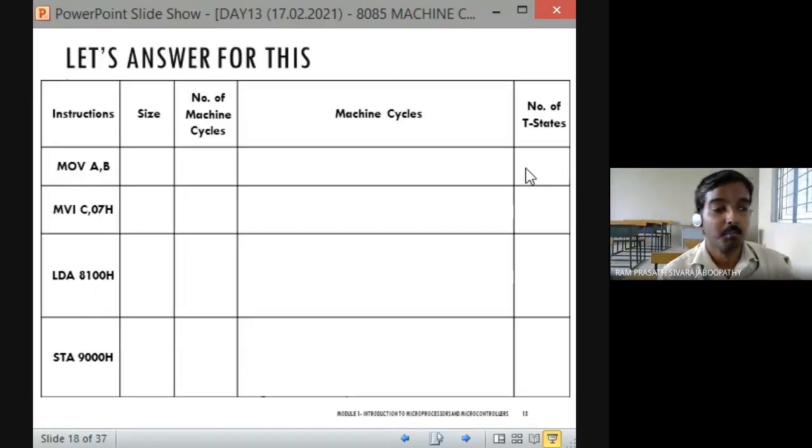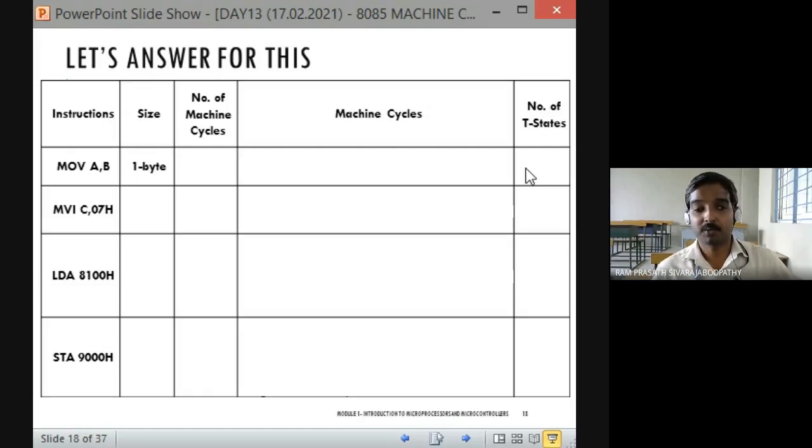MOV A, B. What about the size of the instruction? How many bytes will it occupy? That's what I mean by size. How many bytes is the instruction MOV A, B? Yes, very good, 1 byte. How many machine cycles take place? Not T states, how many machine cycles? How many machine cycles are involved? Our example is exactly what we are explaining. Correct? See, MOV A, B definitely has an opcode, so it must be fetched.